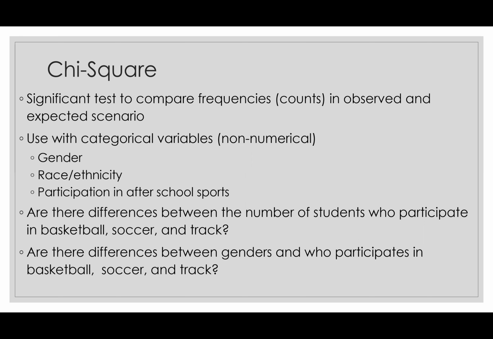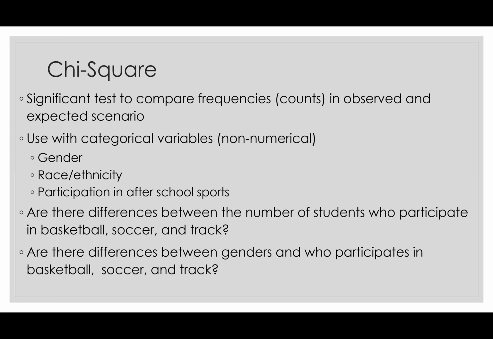And so what we're asking here is, do those numbers compare to, or are they significantly different from what we would expect if students participated in all 3 of these sports at the same rates, right? So do more students participate in basketball than soccer, or soccer than track, or are they evenly spread out between all 3 of these?